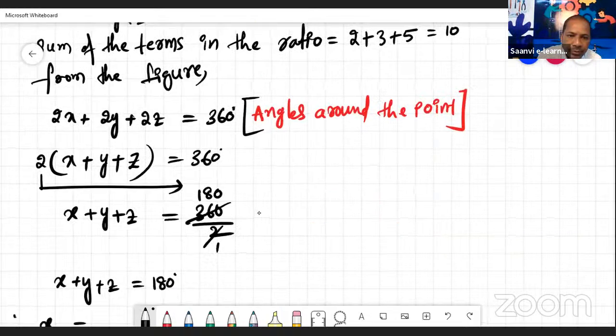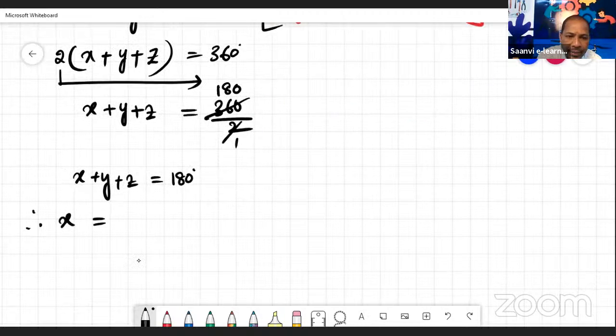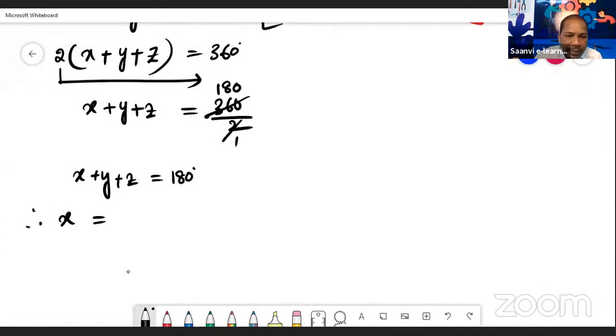Okay, so to find angle X, we have to take the X part, that is 2, and sum of the terms in the ratio 10, and the sum of the angles, 180 degrees.